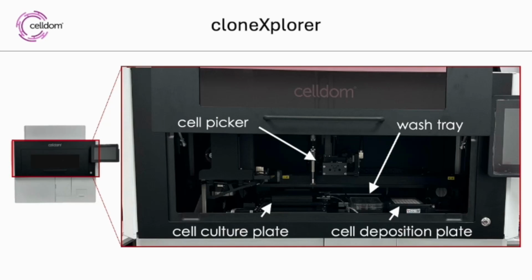And in the middle, we have a wash tray, which is used to sanitize the tip in between each clone picking event. And then there is the cell picker. This moves in between the 3 plates, picking cells from the cell culture plate, depositing it into the cell deposition plate, and then washing it into the wash tray, and then repeating that cycle.